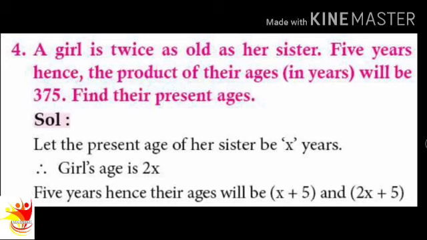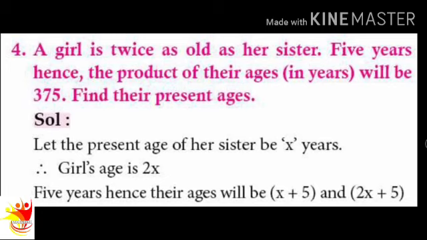Solution. Let the present age of her sister be x years. Therefore, the girl's age is 2x because the girl is twice as old as her sister. The second condition is 5 years hence.